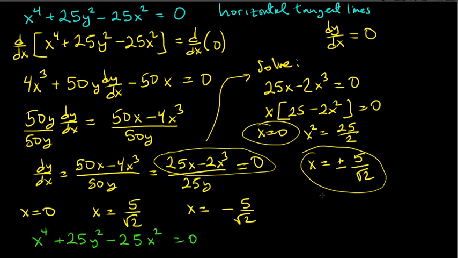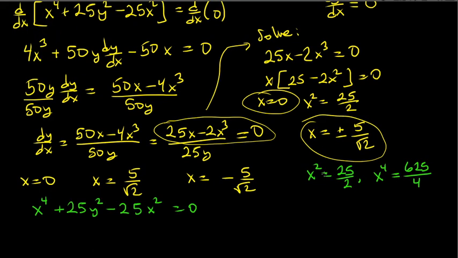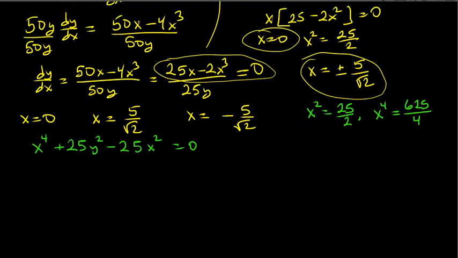Right. And in fact, notice we don't need x. We need x squared. X squared was 25 over 2. And if we square that, we get x to the 4th, which is 625 over 4. So plug those in here, and what do we get?